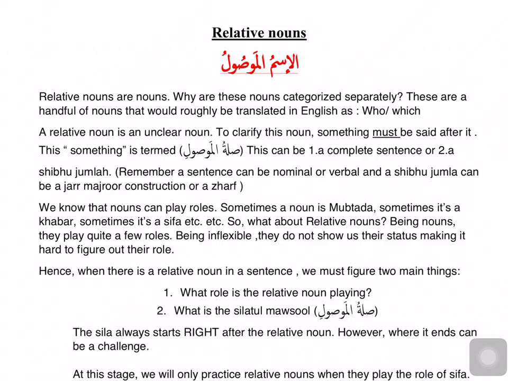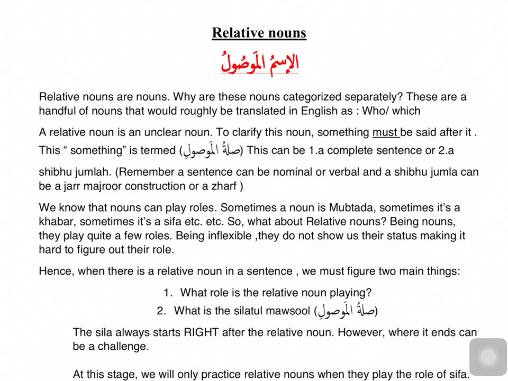Now the thing about them is that if I say who, it's not clear what I'm talking about, right? If I say a book, you know I'm talking about a book. If I say who, you will be wondering who. So it's called an ism mubham, an unclear noun. To clarify this noun, always after a relative noun comes something that makes it clear who this who is or who this which is.